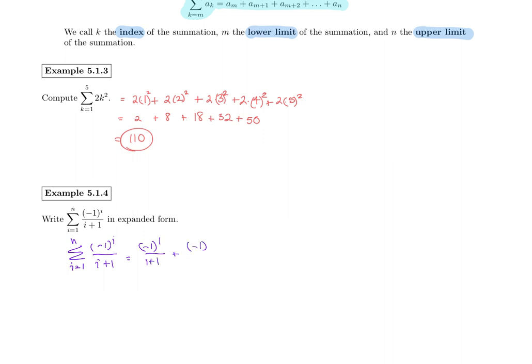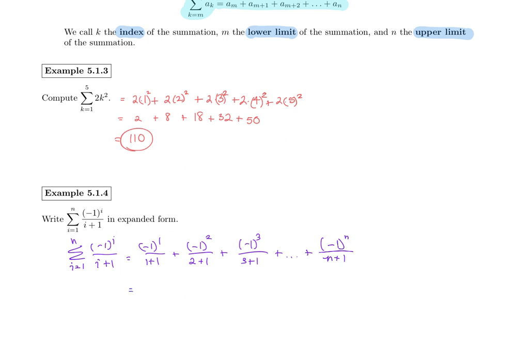Add to it i equals 2, negative 1 to the 2 over 2 plus 1, plus negative 1 to the 3 over 3 plus 1, plus dot, dot, dot, all the way out to the last term, which would be, in this case, it stops at n. So we're just going to evaluate the expression after the summation with n plugged in. So it would be negative 1 to the n over n plus 1.